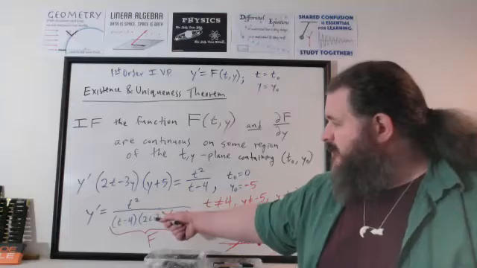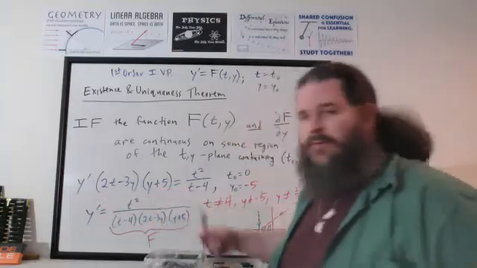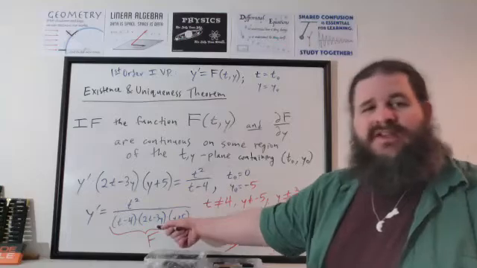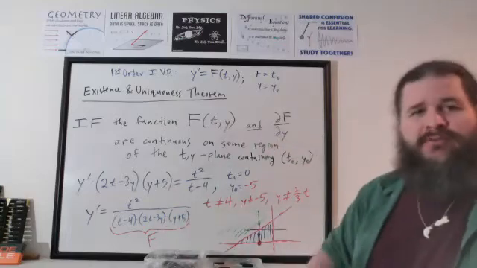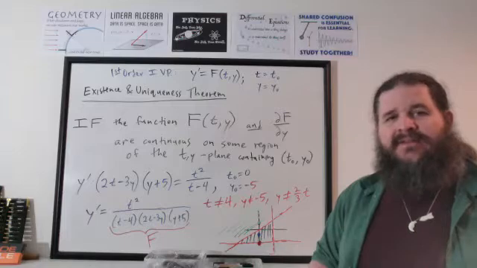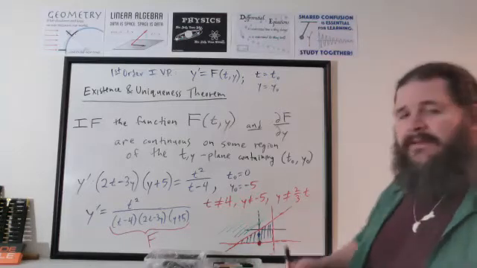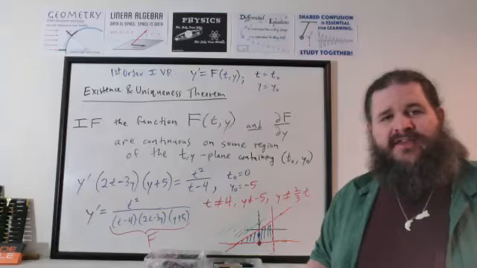Take a look at the original differential equation written in the form of y prime equals some function of t and y. Check that function of t and y and its partial derivative with respect to y to see if there are any discontinuities, any t values, any y values, or any relationships between t and y that make the differential equation discontinuous.